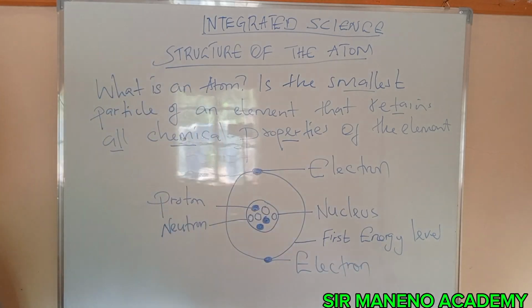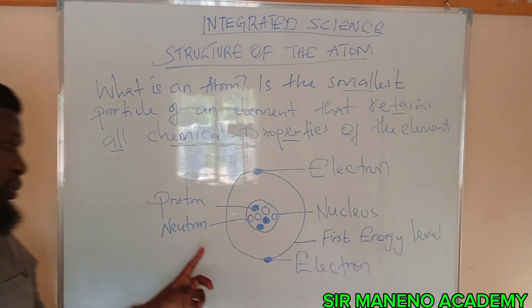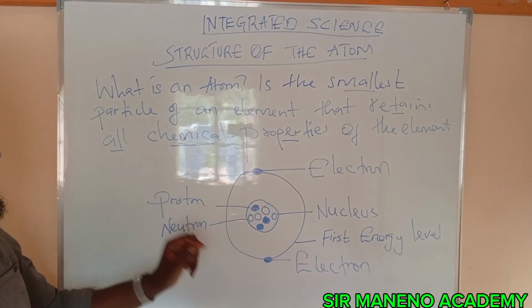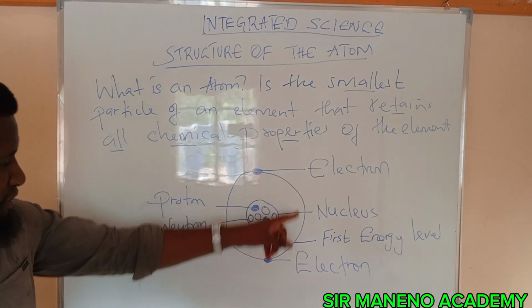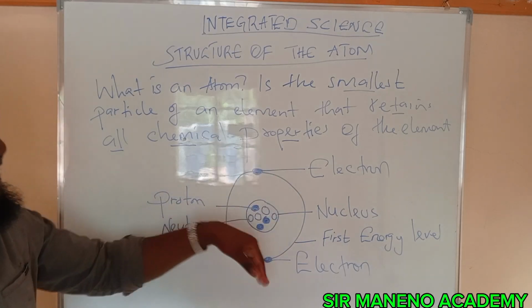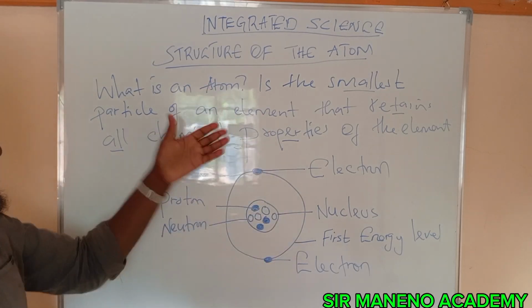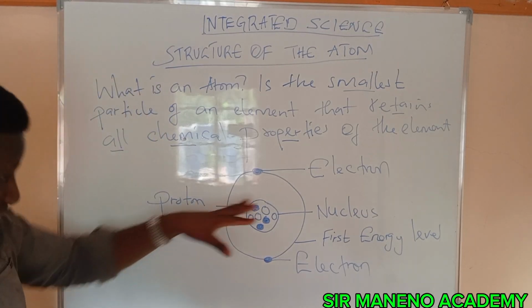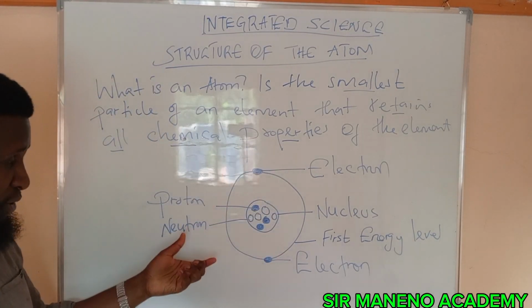So this is how an atom looks like. So we have the nucleus at the center here. We have the first energy level. It means there are other energy levels, which are the second energy level, third energy level, going like that. But this is basically how an atom looks like.